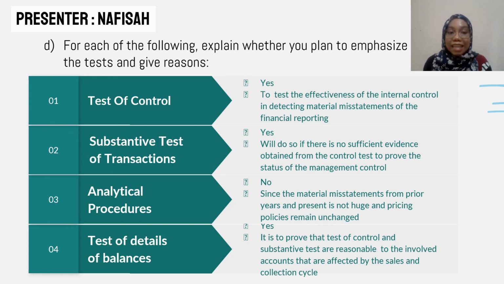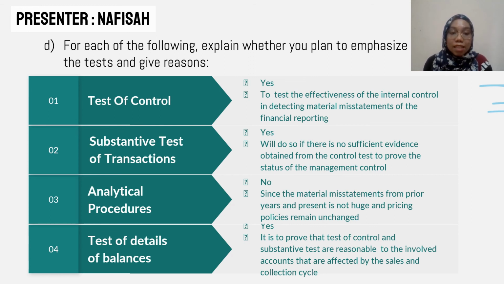And for analytical procedures, we think this test is not really important to emphasize, since the material misstatements from prior years and the present are not huge, and pricing policies remain unchanged.